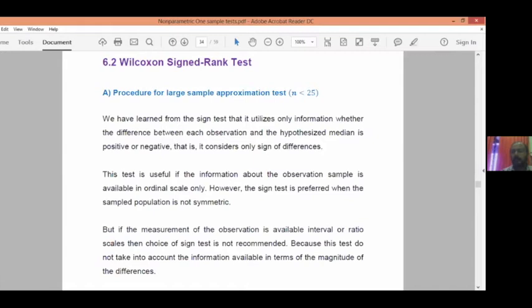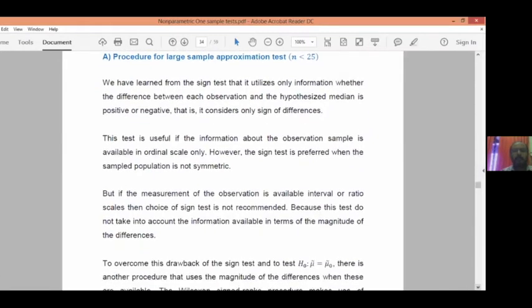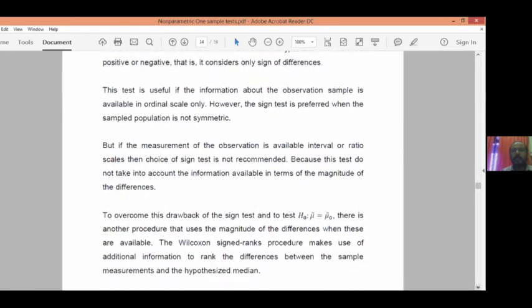But if the measurement of the observations is available on an interval or ratio scale, then the choice of sign test is not recommended, because this test does not take into account the information available in terms of the magnitude of the differences. To overcome this drawback of the sign test, there is another procedure to test the null hypothesis that uses the magnitude of differences when these are available.